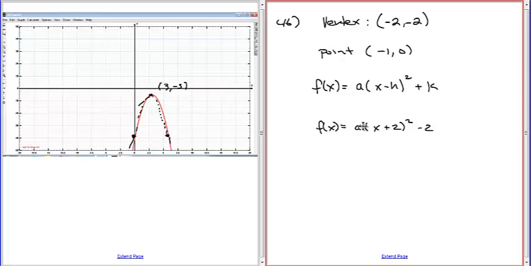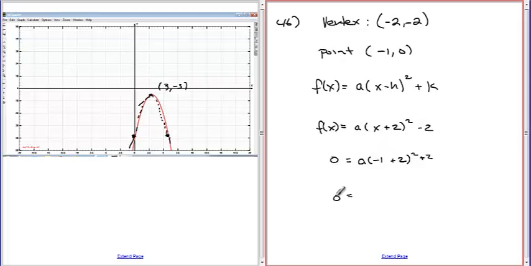Then to find a, you take the point that you're given. So we're given the point x equals negative 1, and y is equal to 0. The first thing we'll do is figure out what this expression is.